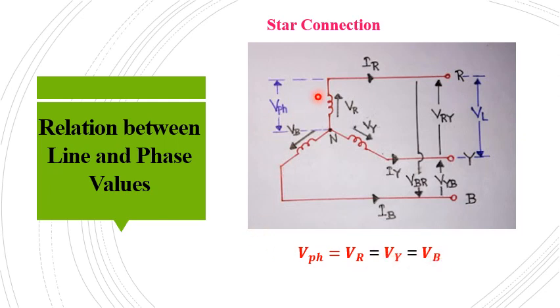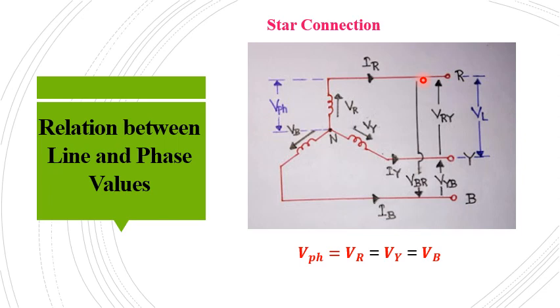Then the next term is the line voltage. The line voltage is the voltage between any two transmission lines. So line voltage can be the voltage between R and Y, or between Y and B, or between B and R. Since this is a balanced system, all these voltages will be the same.